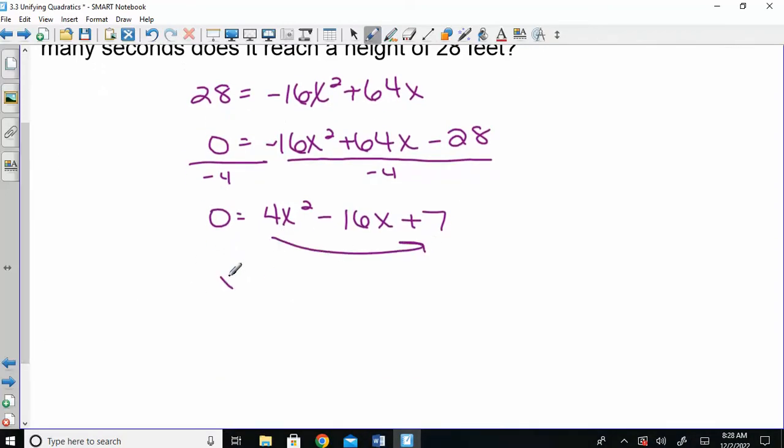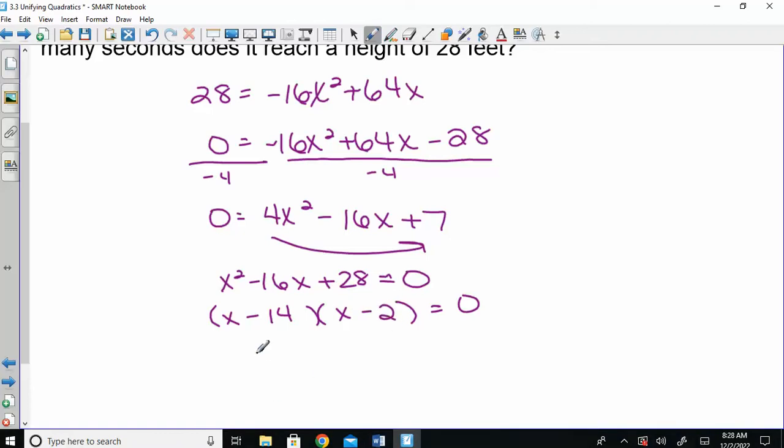Flip inside, so we get... All right, multiply to positive 28, add to -16. Negative 14, negative 2.